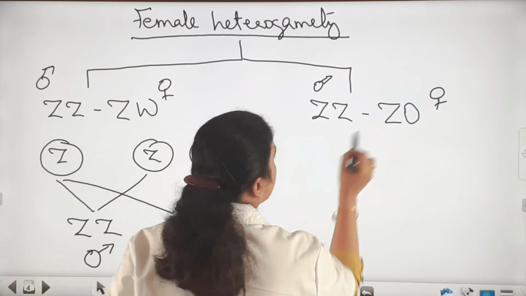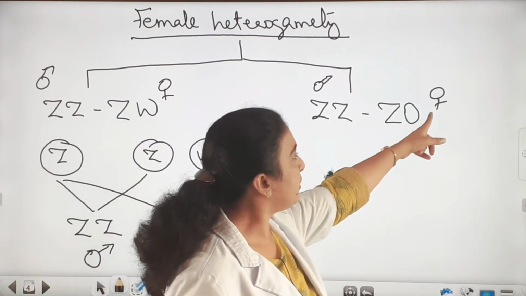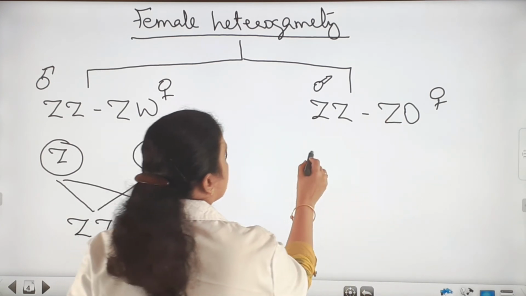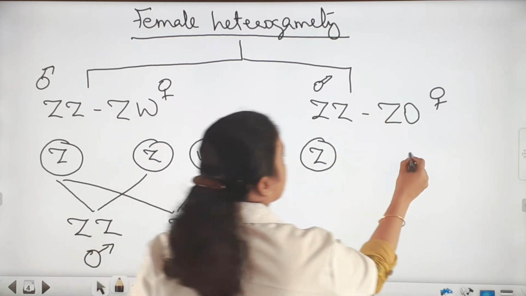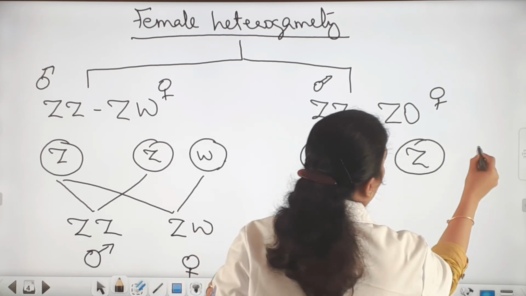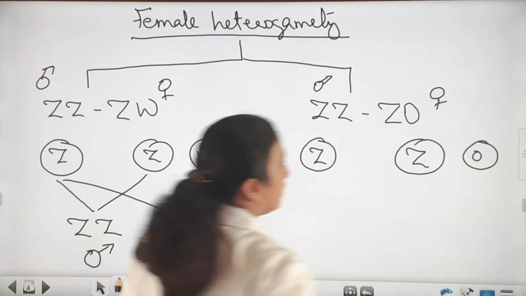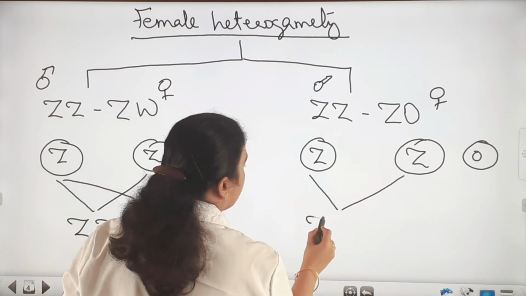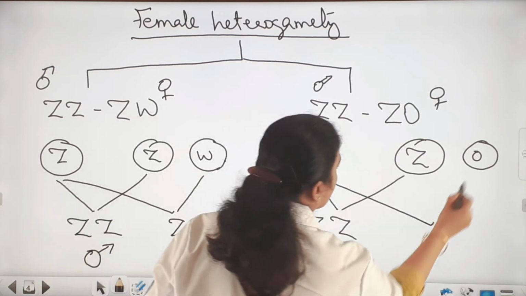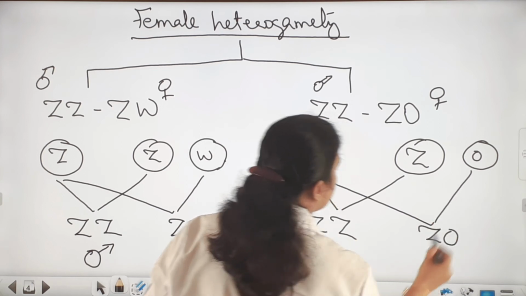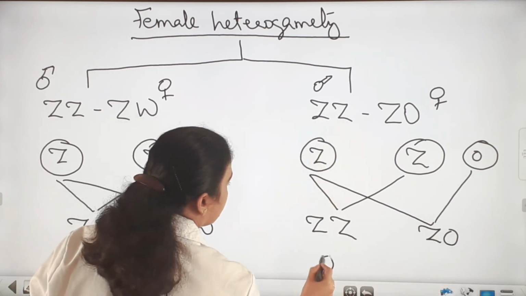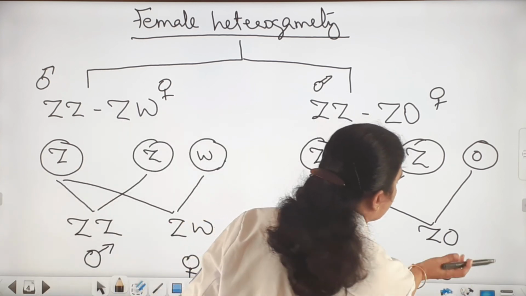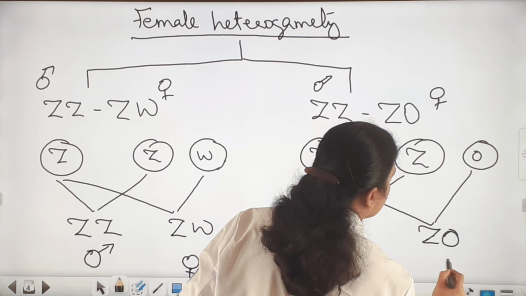Then we can see here which is female. This is female because they are possessing the heterogamety. So here this is the gamete. Here two types of gametes, with the sex chromosome and without sex chromosome. And when we cross Z0, Z is the male and Z0 is the female.